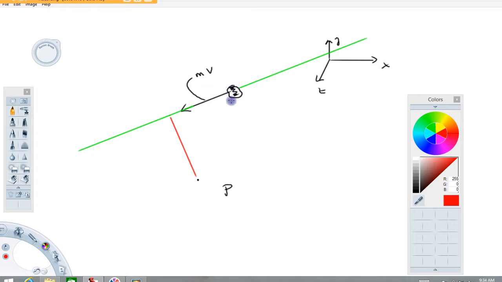The angular momentum of this particle about P is calculated by taking the linear momentum, mv, and multiplying it by this distance here. I'm going to put r perpendicular, the distance that is perpendicular to the line of action for this momentum vector. So I'm just going to put rmv here, but take note that the r again has to be perpendicular to the momentum vector. And this quantity gives the angular momentum of this particle about this point.